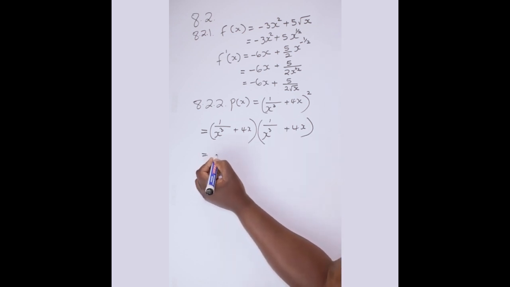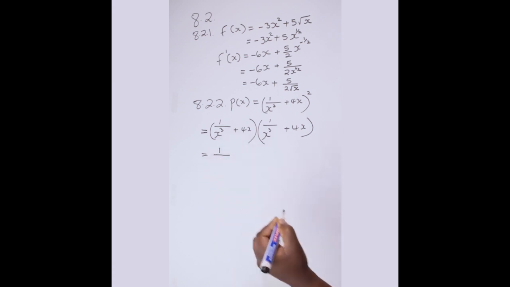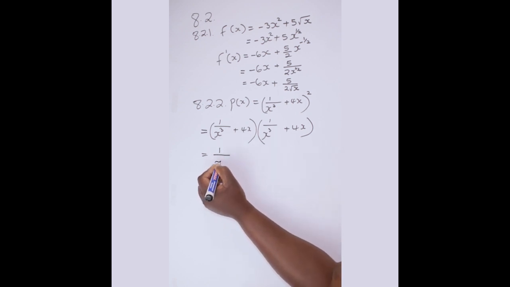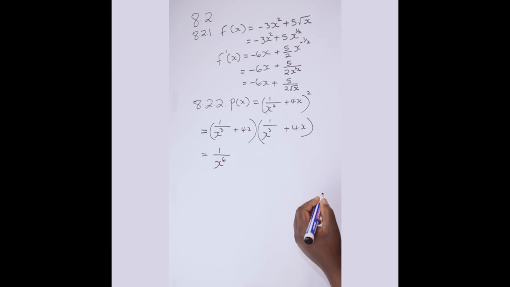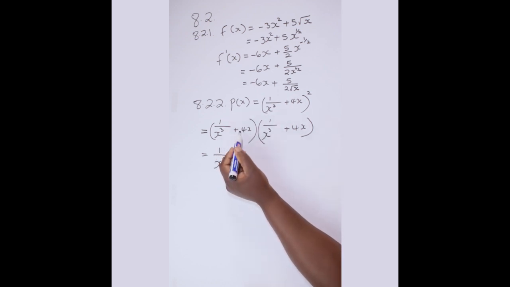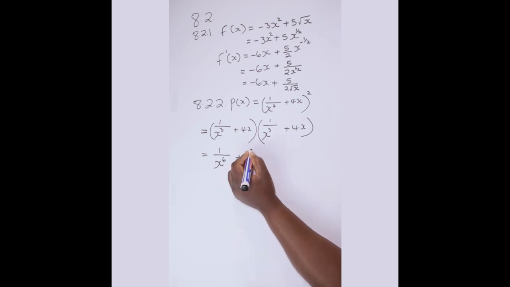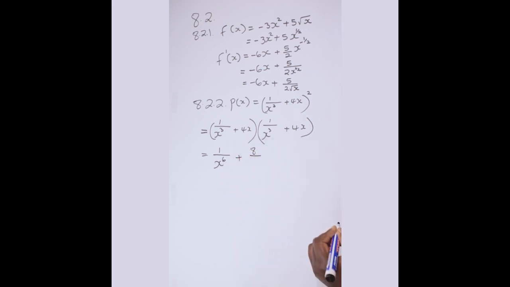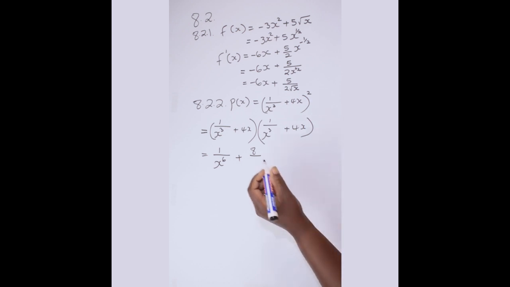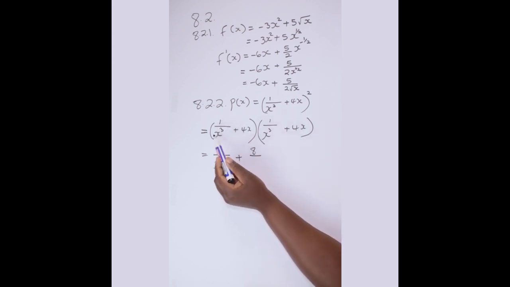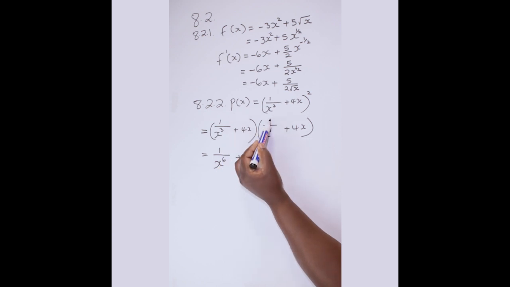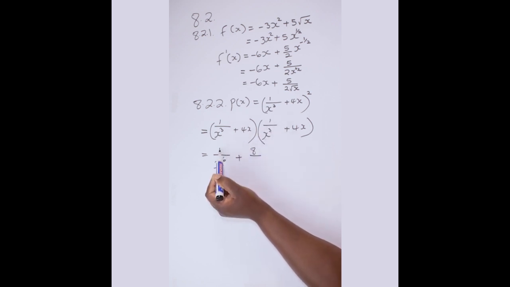We are going to have 1 divided by x to the exponent 6, and so we are saying 1 divided by x cubed, multiplied by 1 divided by x cubed, gives us 1 divided by x to the 6.